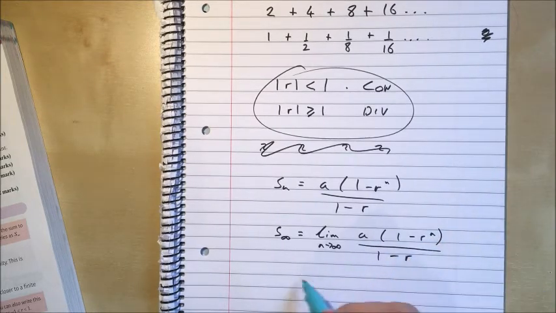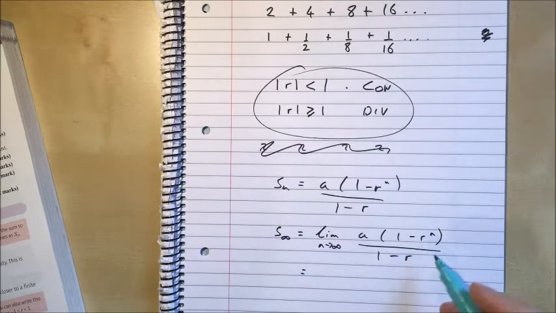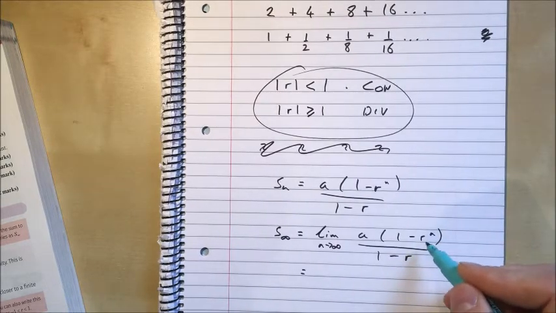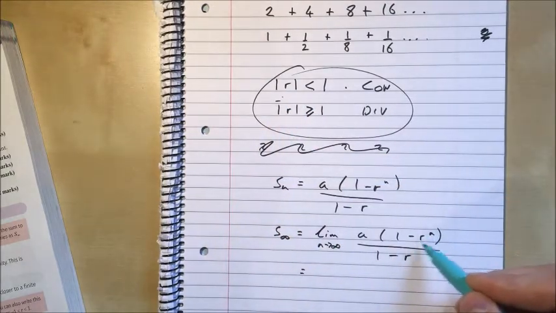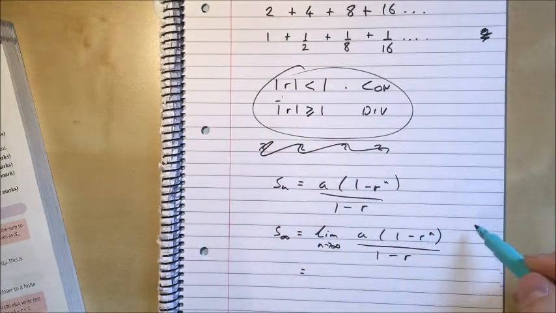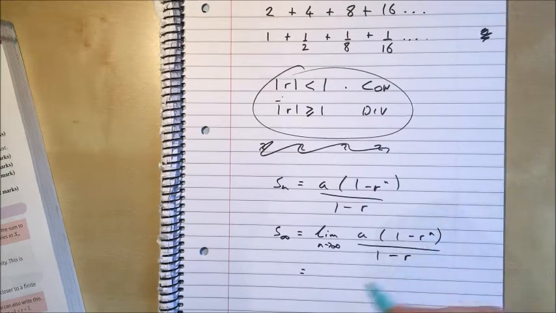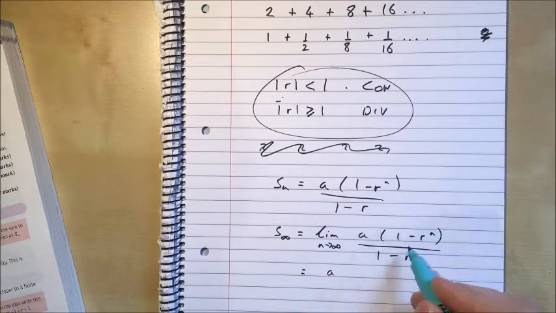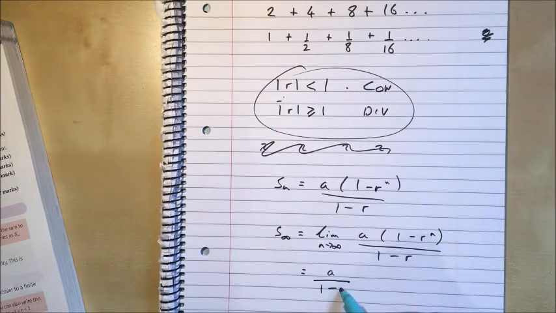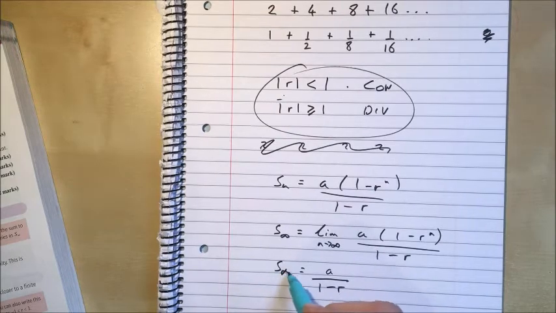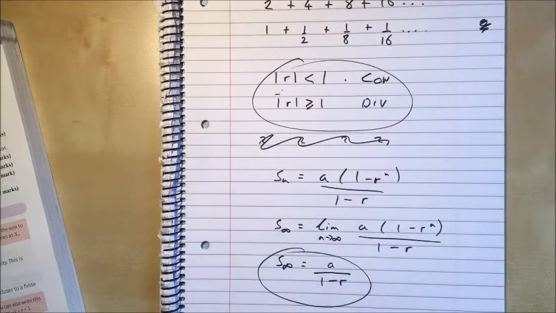Remember, we only have the sum to infinity if mod r is less than 1. Then r to the power of n gets smaller and smaller, closer and closer to 0. So the limit as n tends to infinity is a times 1 minus 0, so a times 1, or a, over 1 minus r. So the sum to infinity is a over 1 minus r.